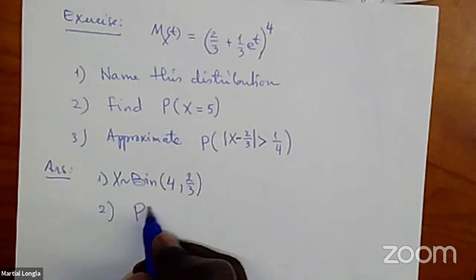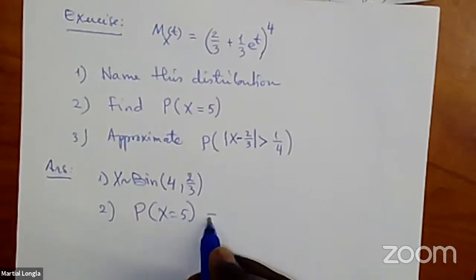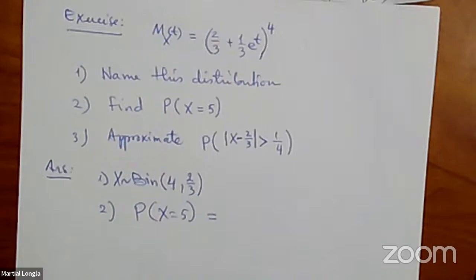Second question, what is the probability that X equals 5? Why? N is 4, and what links N to 5, which makes it 0?